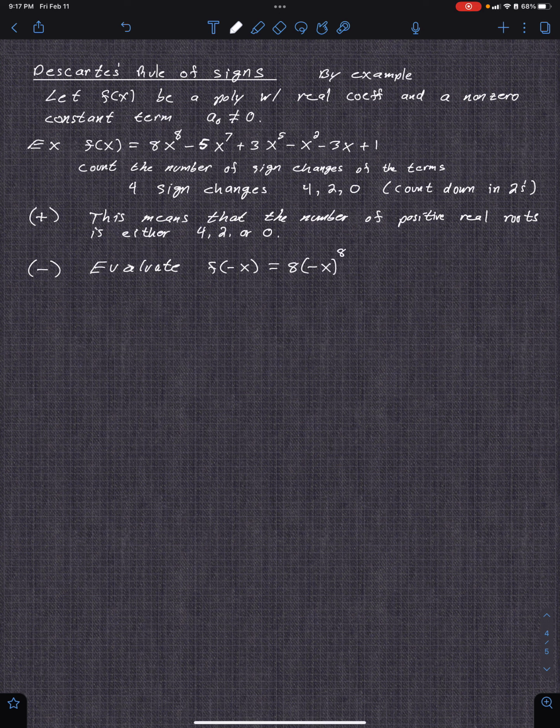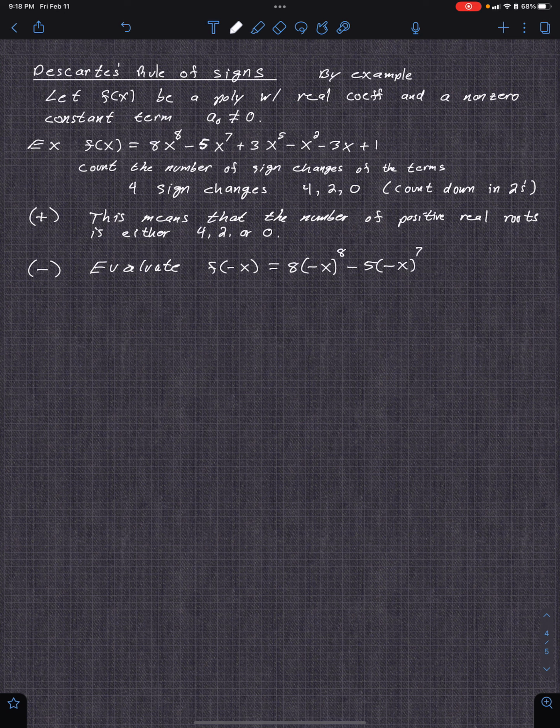Now you're plugging in negative x everywhere you see x. Basically, if the power is odd, it changes the sign. If it's even, it does not change the sign. That's what it means.